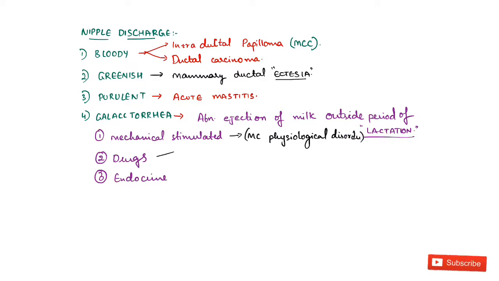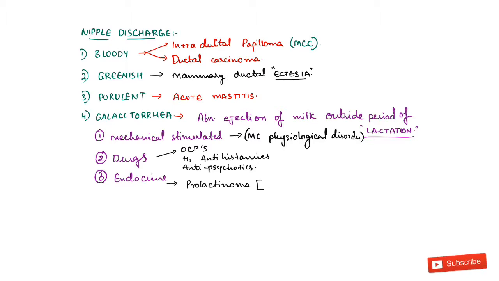And drugs, mainly we have to remember three: oral contraceptive pills, H2 antihistaminics, and antipsychotics. Coming to the endocrine causes, prolactinoma is a condition where there is an excess amount of prolactin, which leads to overproduction of milk and may lead to galactorrhea. This is the most common pathological cause.